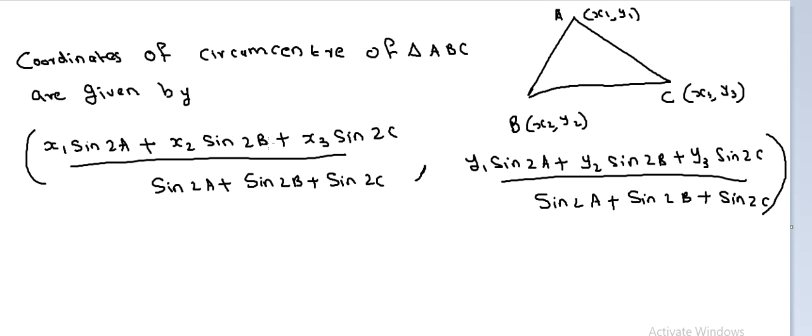Here, capital A, B and C denote the angles of the triangle. So if we know the angles of the triangle and the three vertices, we can easily find the coordinates of the circumcenter of the triangle ABC.